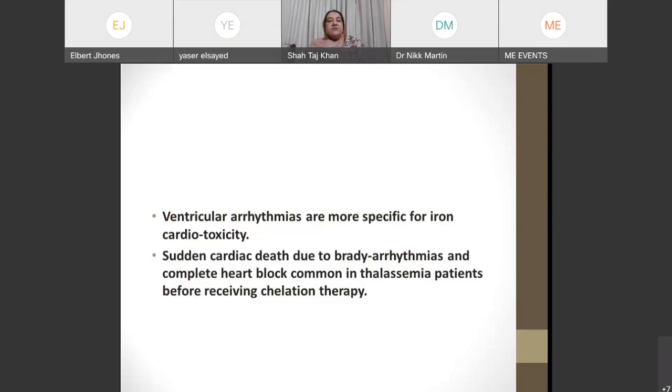Even after receiving chelation therapy, there are still chances of cardiac complications because of non-responsiveness at times, due to lack of medications, poverty. So these cardiac complications are common in these patients.